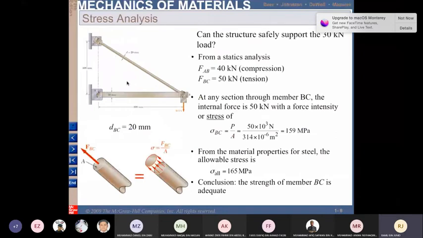So previously for this structure, you decided to use steel, in which the allowable stress is 165 MPa.